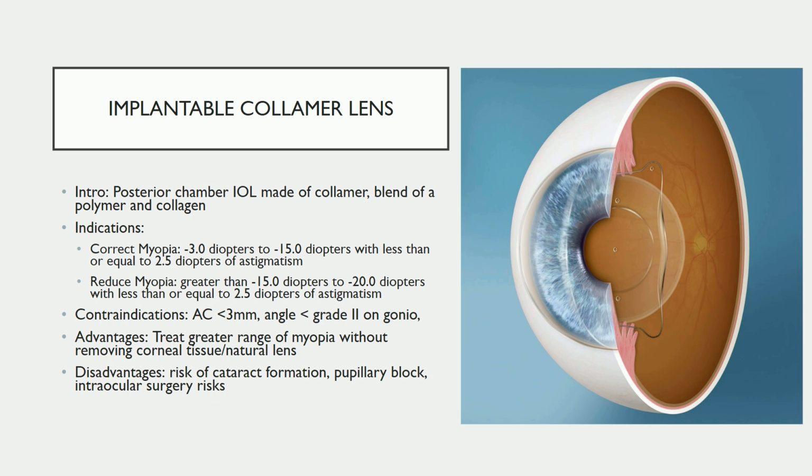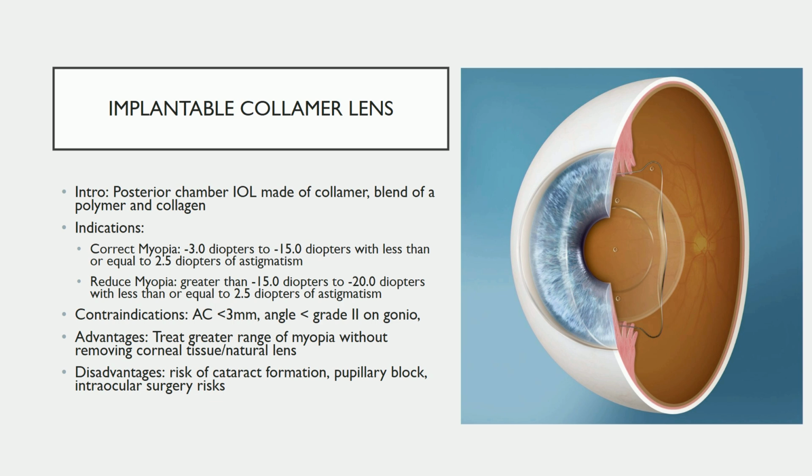Indications, really this is a lens, so these are some of the FDA numbers that are approved from -3 to -15. And then it also can take care of some of the astigmatism, but in practice, a lot of people use it actually just to help reduce large amounts of myopia, and then combine this with a corneal procedure to get the patient to plano.